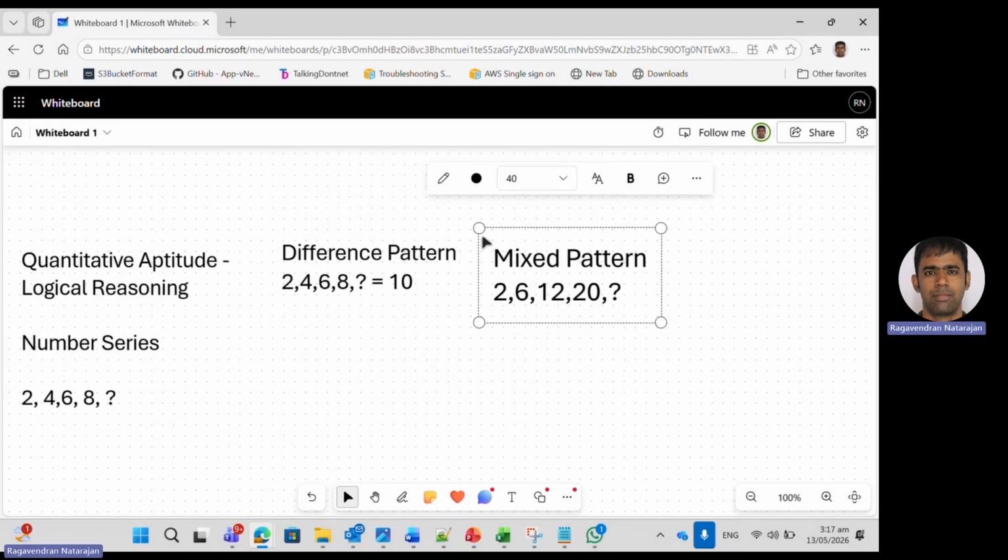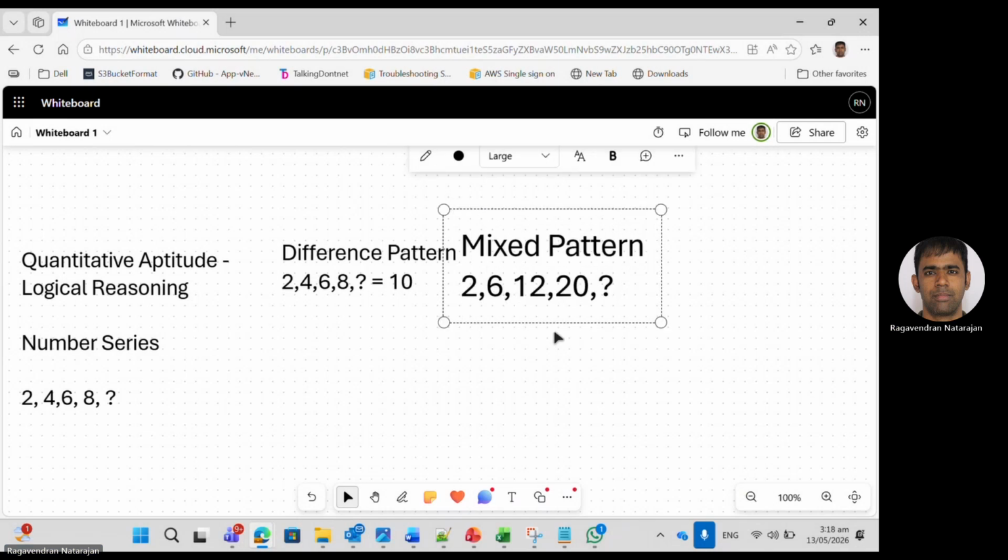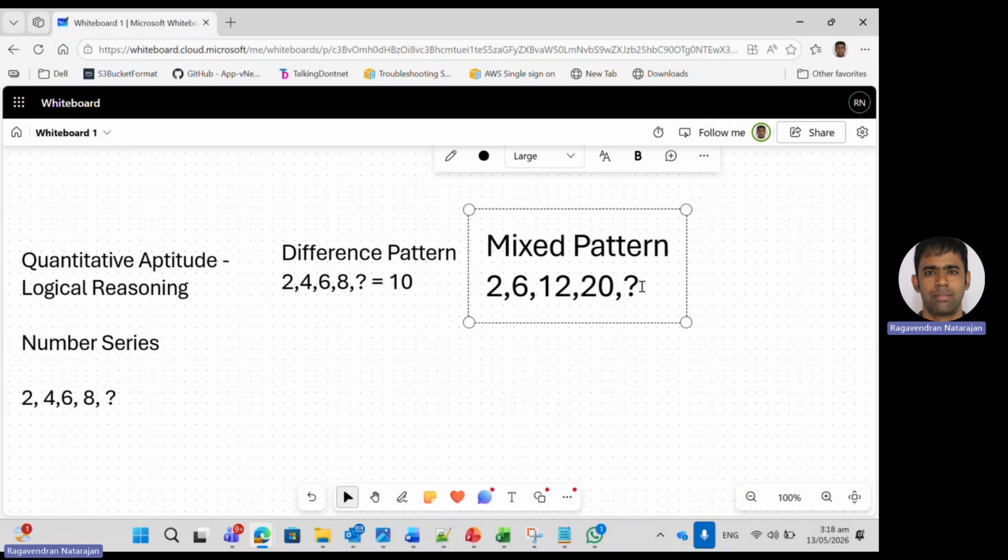For the mixed pattern, we are going to find out what is the next number after 20. As I mentioned, this is not constantly increasing, so it falls under a different pattern. How can we analytically think and solve this?